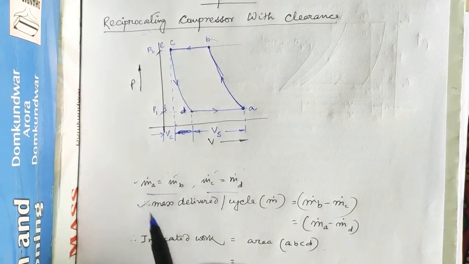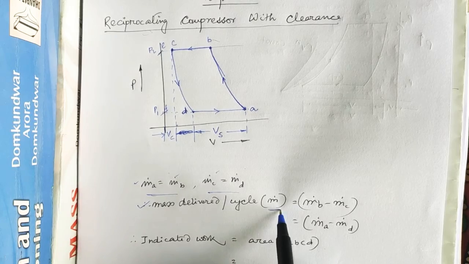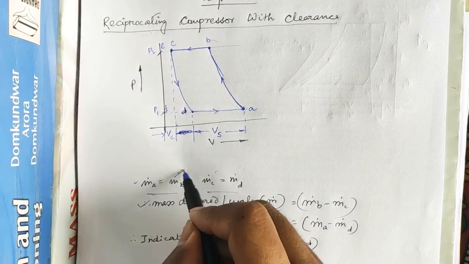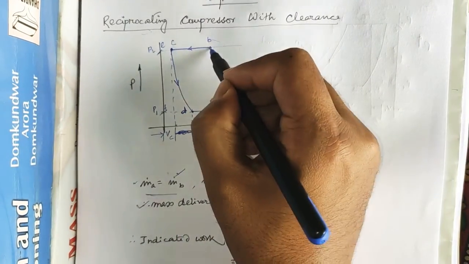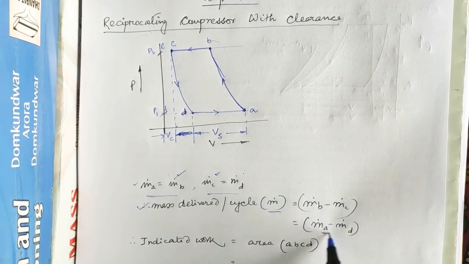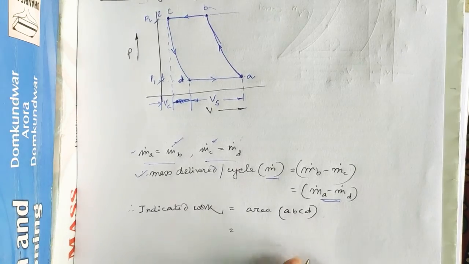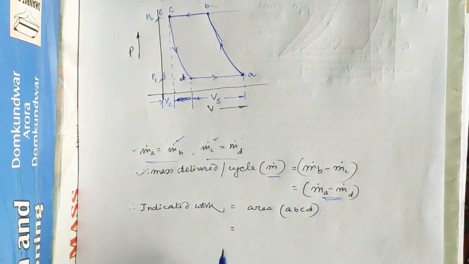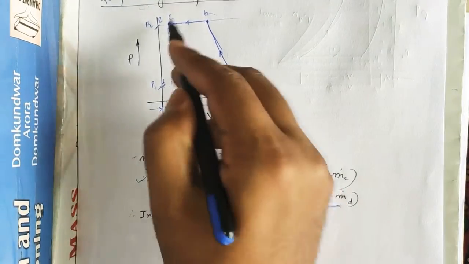So the actual mass delivered per cycle, if it is denoted as m dot, will be mb minus mc in between these two delivery stroke, or ma minus md. So from this we can calculate the indicated work. Indicated work will be denoted as area ABCD.